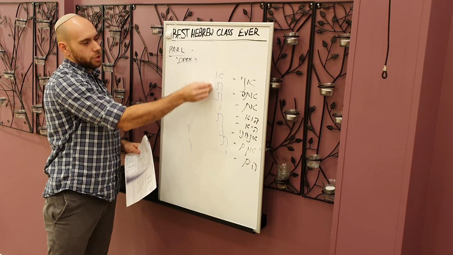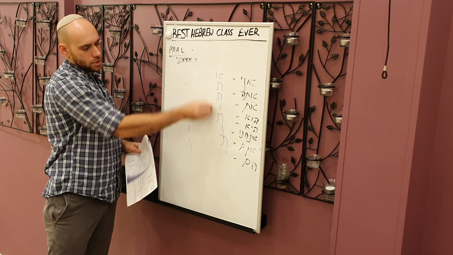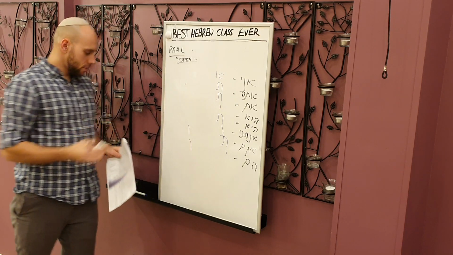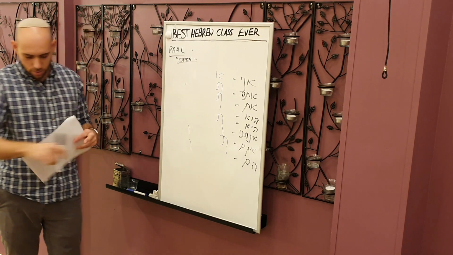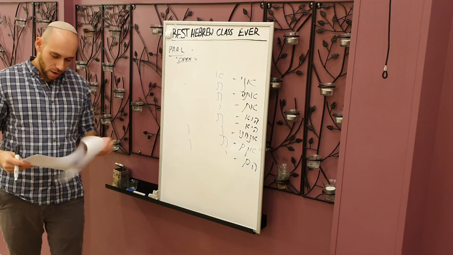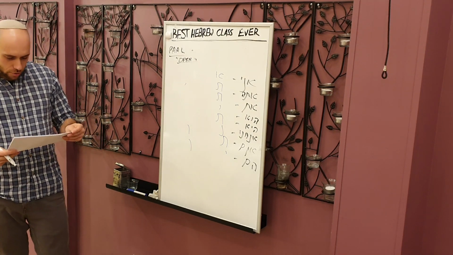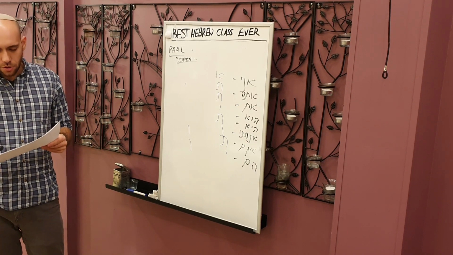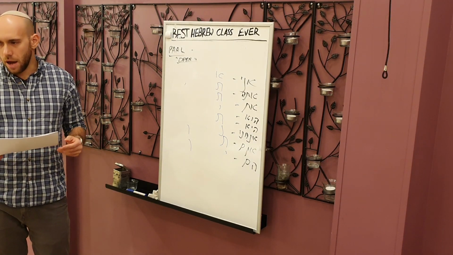This is a lot of information, so I want to present it in a way that is not too overwhelming and will make some sense. We just looked at two verbs for pa'al.